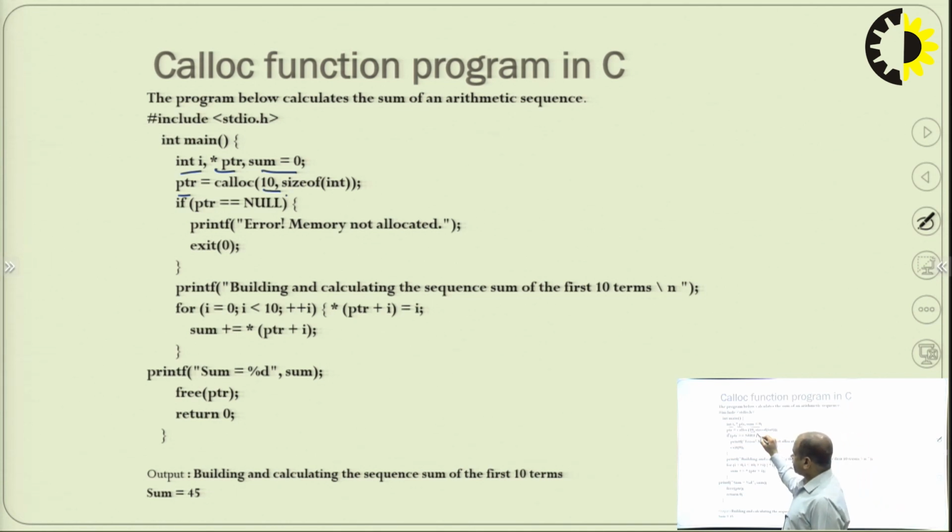Here also we check for null. If the pointer is equal to null, in that case memory is not allocated, exit 0, and the program will exit.